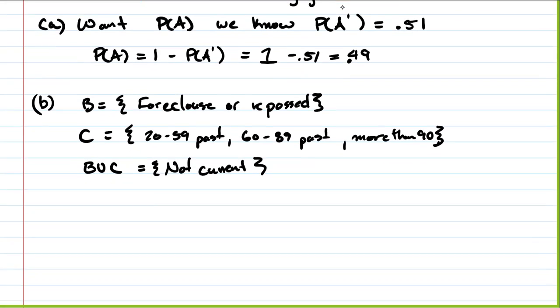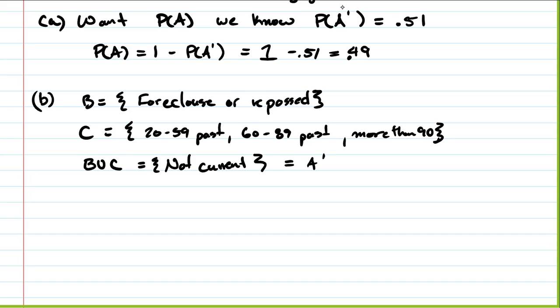Well, that's exactly the same as A prime. A prime was the things that weren't current, right? From part A. And what is it that we want? We want B.